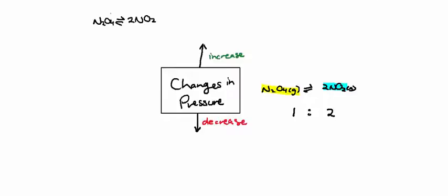So if we are to increase the pressure, the system's going to re-establish equilibrium by decreasing the pressure, and it will do that by favouring the side with fewest molecules. So in this situation we can see we've got 1 mole on the left as opposed to 2 moles on the right, so it will favour the left hand side.